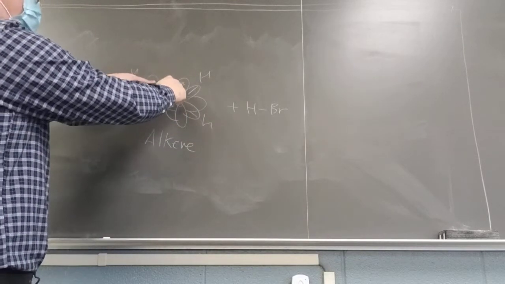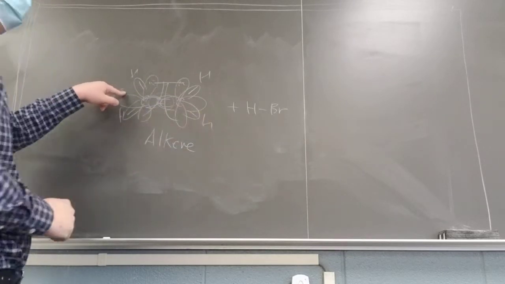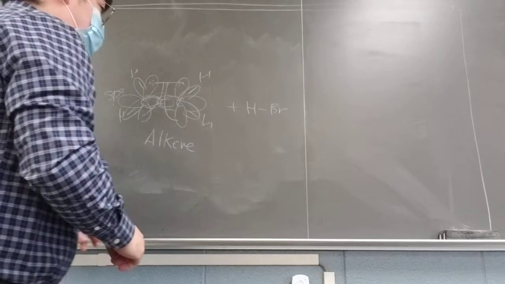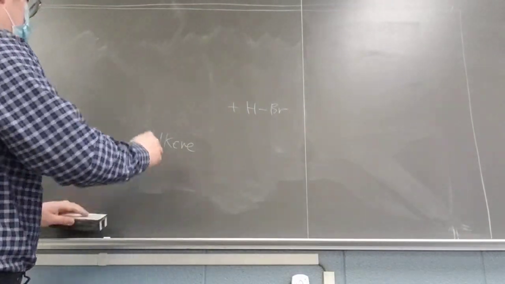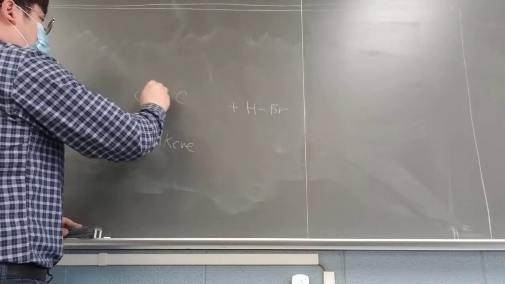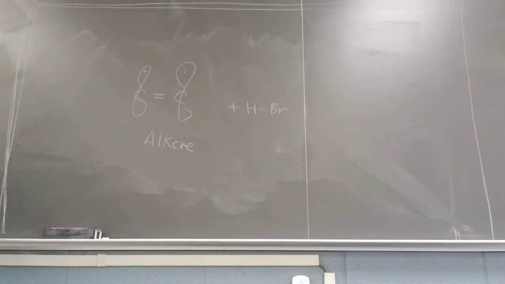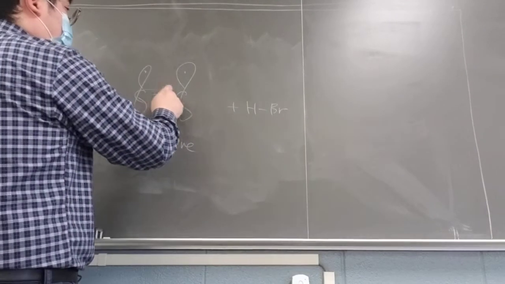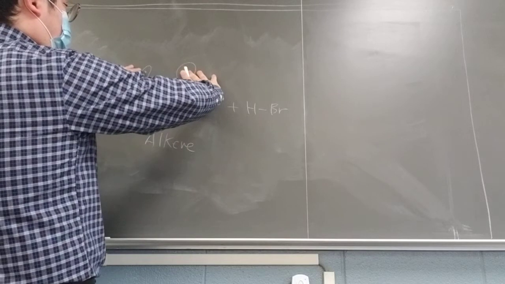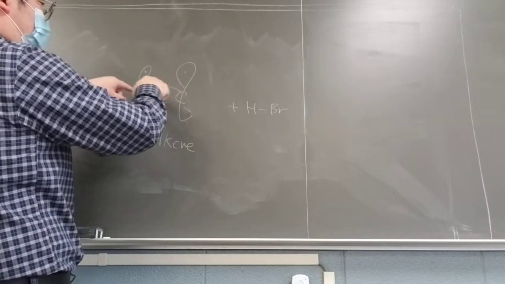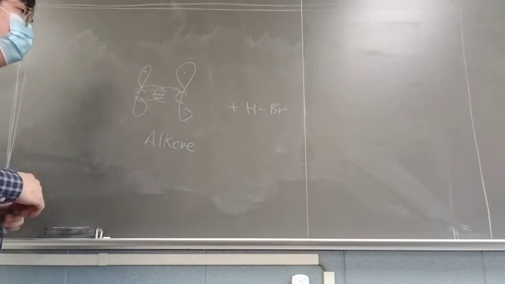So in here, it's one pi and one sigma, which is sp2. So technically it means that they have a pair of electrons here in the p orbital, which is a bit away from your sigma bond, and the center of these two carbons over here.